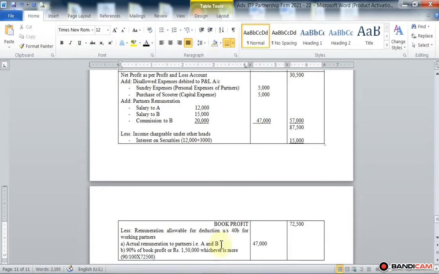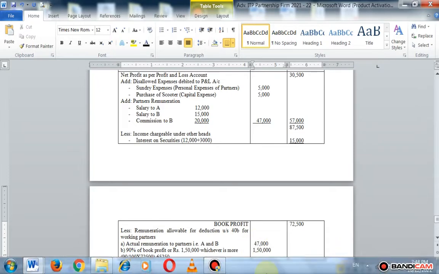So the amount is rupees 65,250. So here 1,50,000 is more. So we compare this 1,50,000 with the actual remuneration given to the partners.